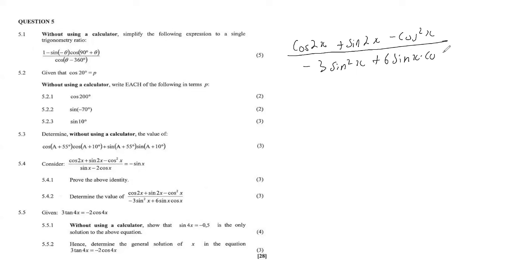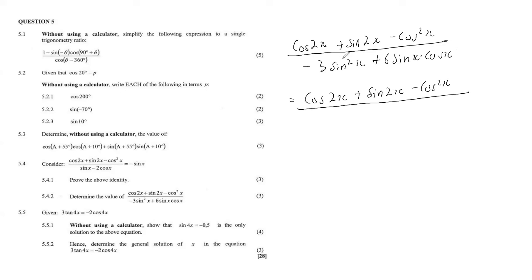Okay, so we have cos 2x plus sine 2x minus cos squared x over, so I'm hoping that they've done something from the above question here, now that they're asking us that question. So I think it has something to do with the denominator here. Let's solve. So if we just leave this one as it is, minus cos squared x.